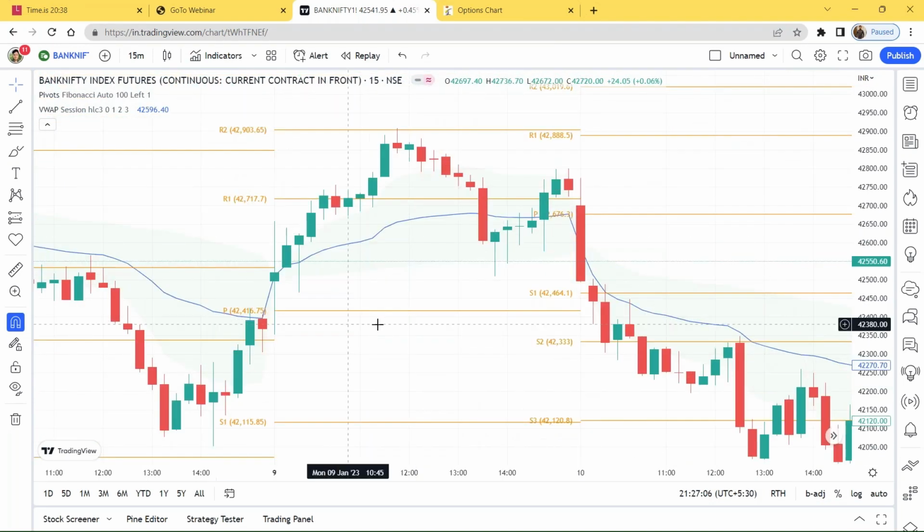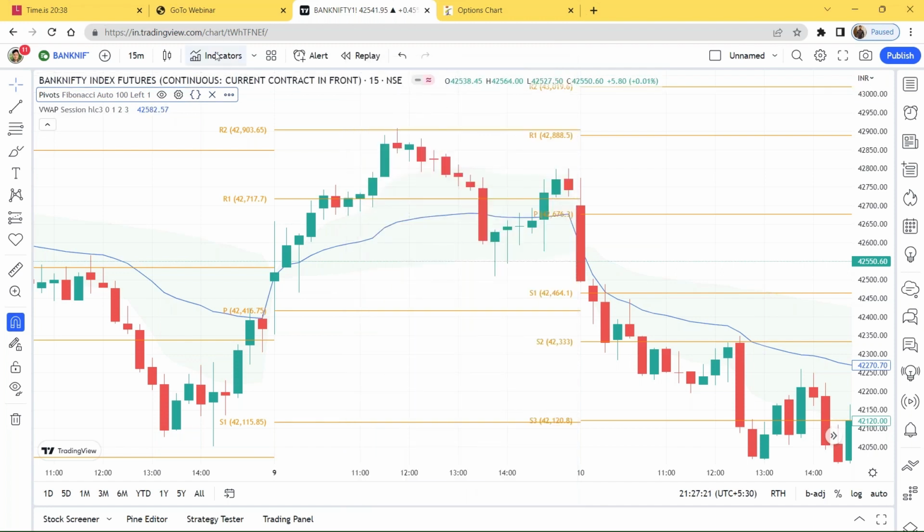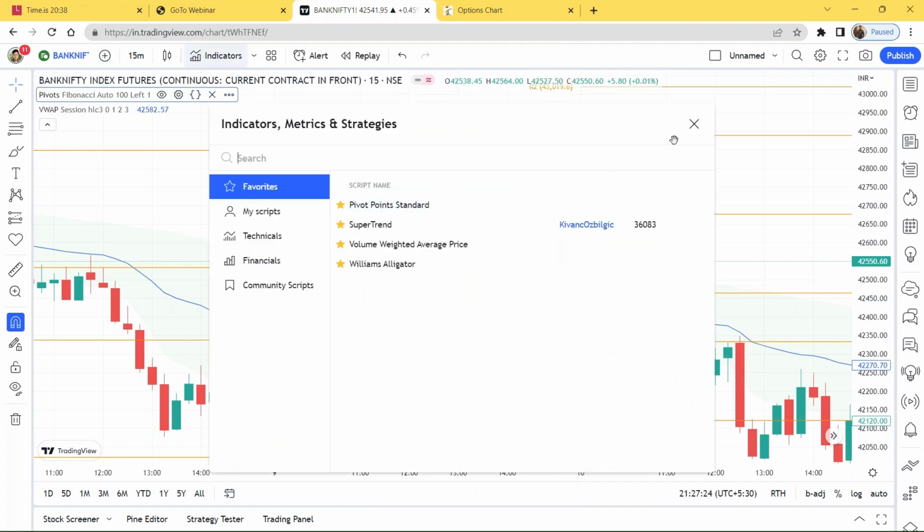The strategy says we have to use two indicators: pivot points, Fibonacci, and VWAP. When you apply these indicators, as I told you, you go to indicators and click pivot point standard.